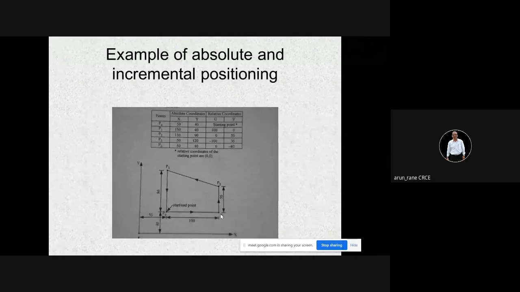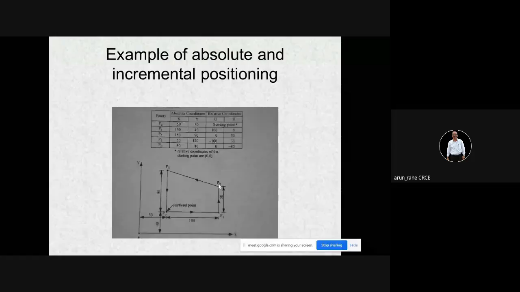So X100 and Y0, because with respect to this point, in Y direction it is 0. Then what about this? This will be X0 and Y50. Now coming to this point.